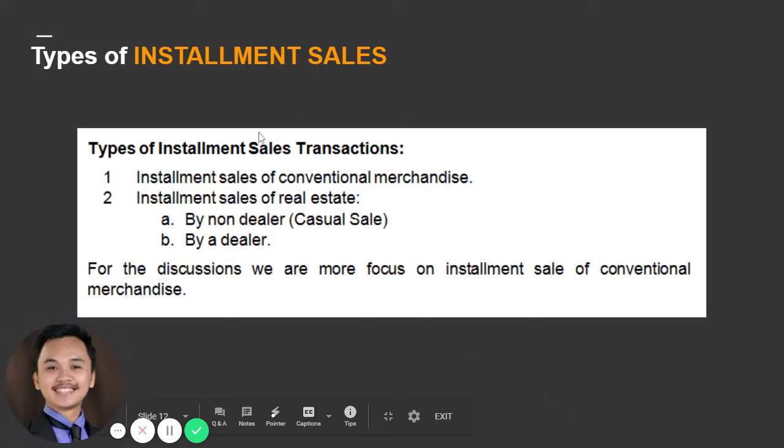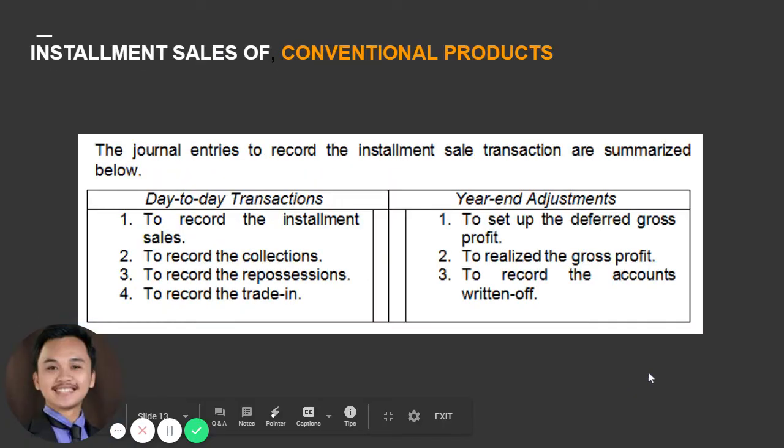Now this time, we have several types of installment sales transactions. We have installment sales of conventional merchandise, and installment sales of real estate, which is divided into two: by a non-dealer or by a dealer. But for discussion purposes, we will focus this time on installment sales of conventional merchandise.